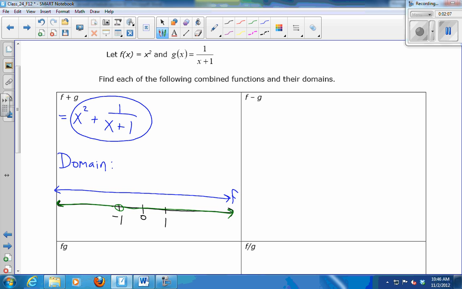So the domain of the combined function is the overlap of the domains of the two functions you're combining, f and g. They share a domain, all real numbers except for -1. All the x's that they share as part of their domain is the domain of the combined function. The place where it overlaps.